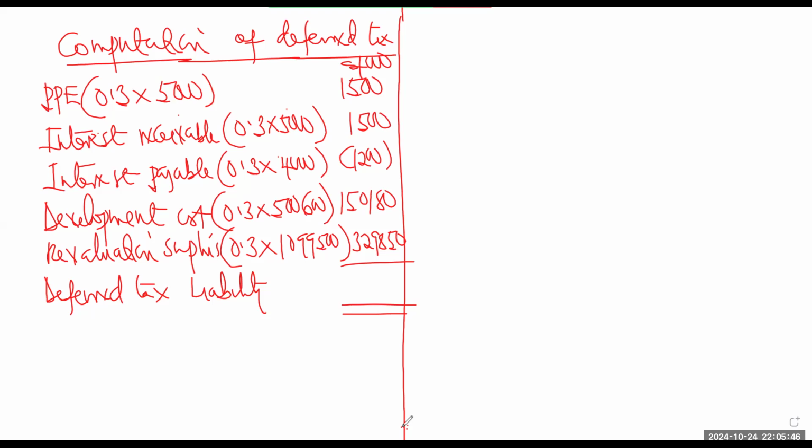Am I correct? I'm having 481,830. Yes, please. So that is the deferred tax.